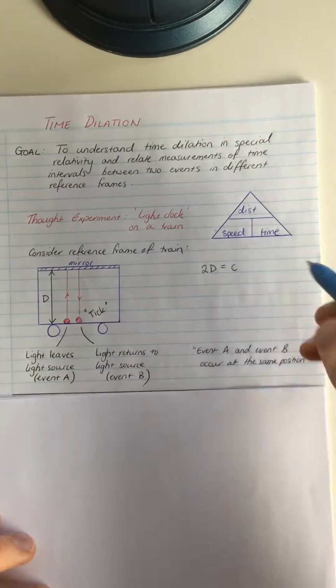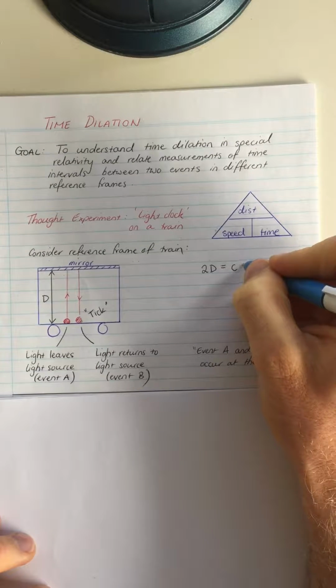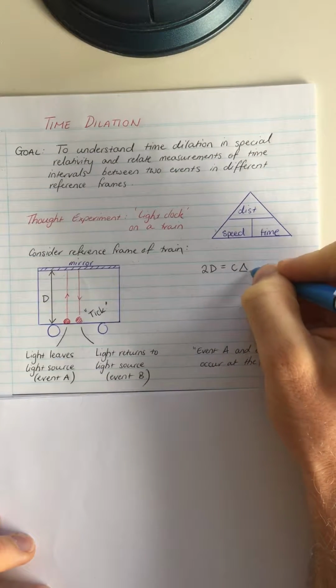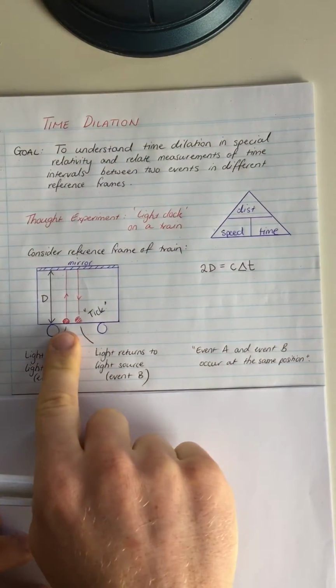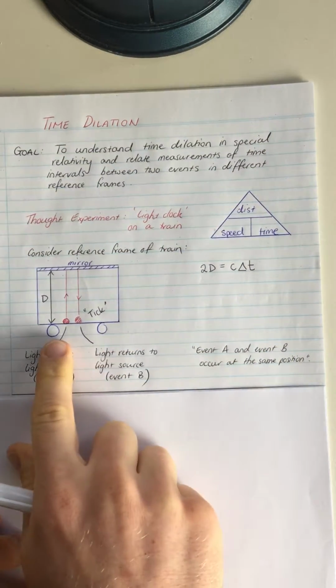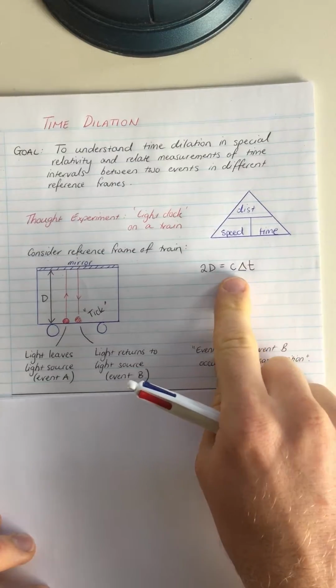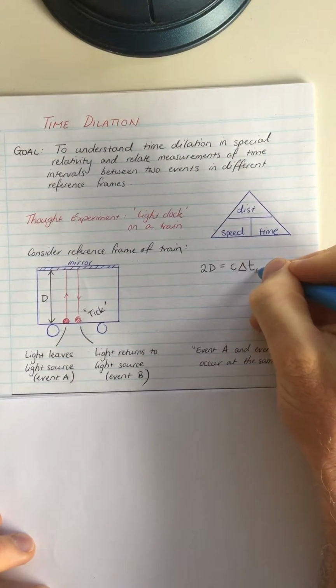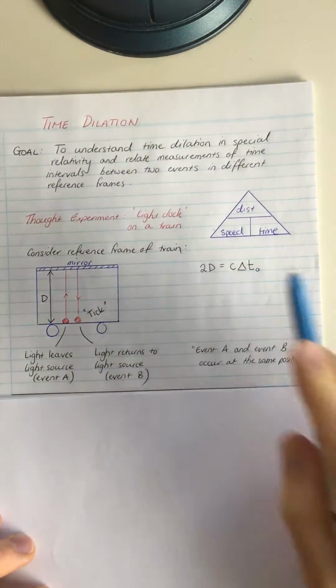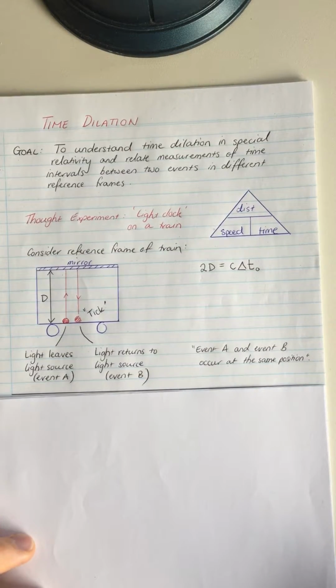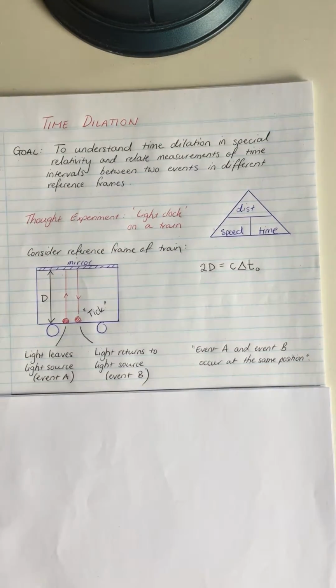So that's our speed. And then I'm going to say delta t. Remember delta means change in. I'm saying change in because it's the time that's elapsed, or a time interval, between event A and event B. So delta t, and I'm going to say naught, t naught. I'll explain the reasoning of that naught a little later. Hopefully that situation is simple enough and makes sense.